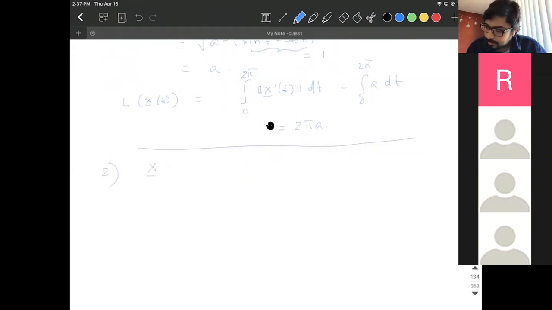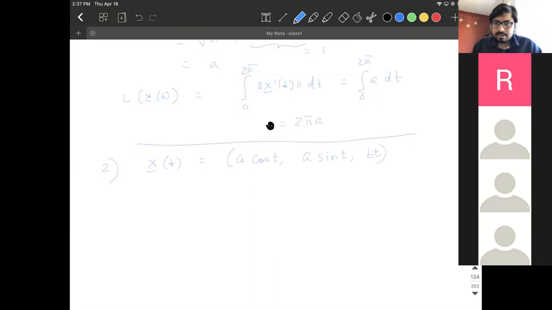Next, the case of the helix. So x of t being a cosine of t, a sine of t, and bt. So the z component is varying linearly in this case.